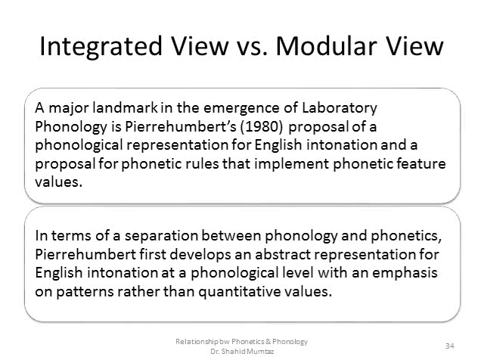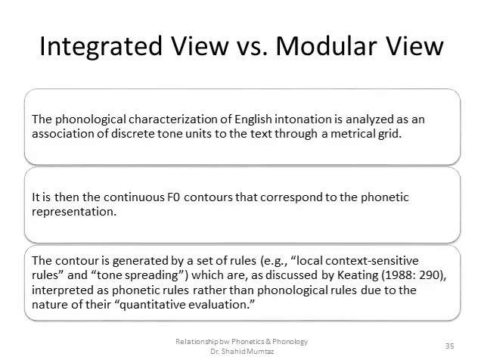In terms of a separation between phonology and phonetics, Pierrehumbert first develops an abstract representation for English intonation at a phonological level with an emphasis on patterns rather than quantitative values. Thus, the phonological characterization of English intonation is analyzed as an association of discrete tone units.